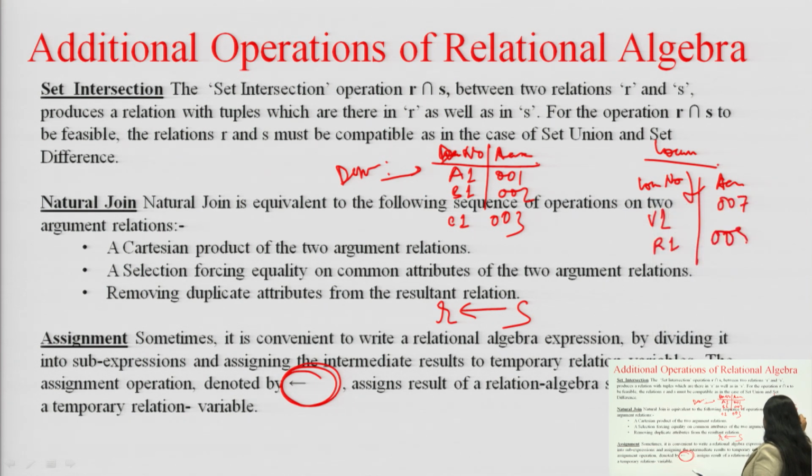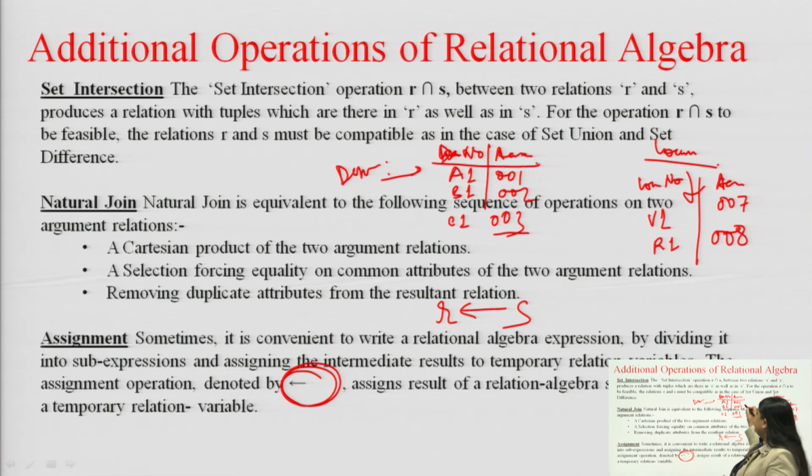So, taking these two relations, if I want to summarize the complete thing, we have already seen how the select operation works. If I want to find the deposit number where the account number is 003, in that case we are going to use the select operation.